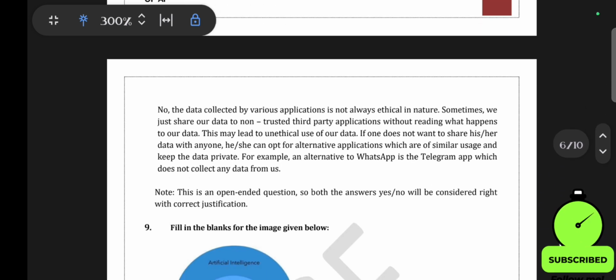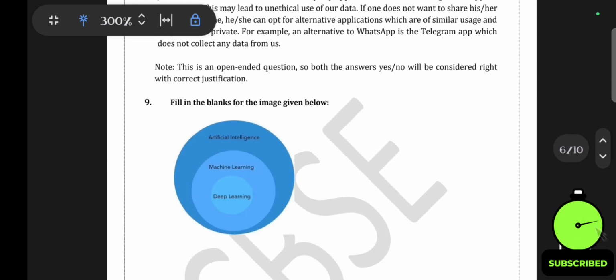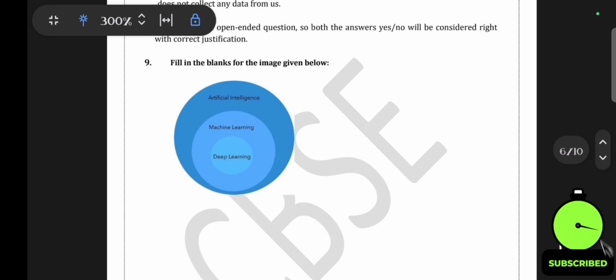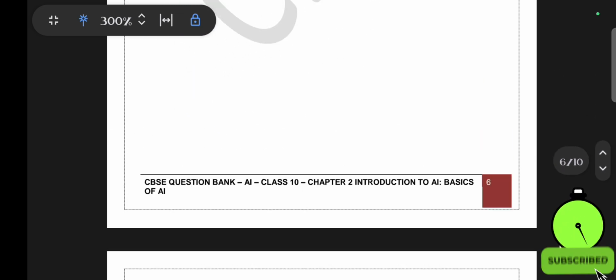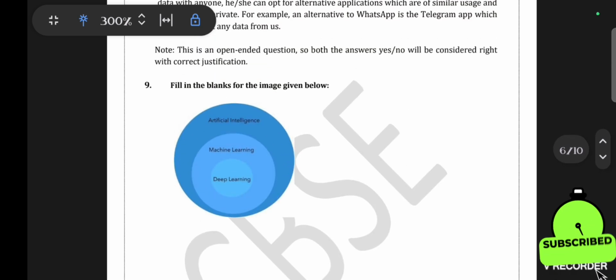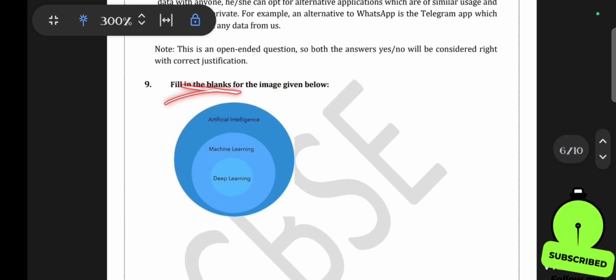Simple. Now fill in the blanks for the image given below. So I think the blank is cut off.